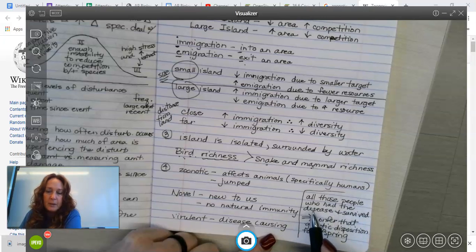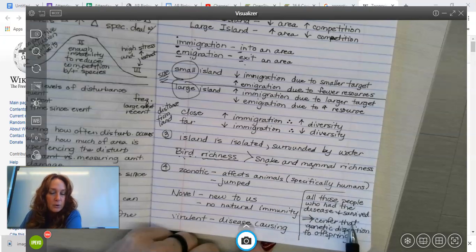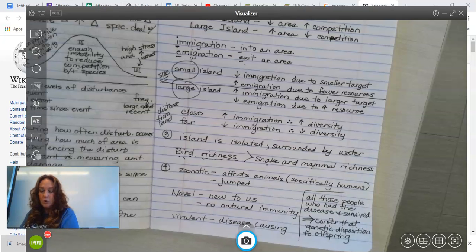It could just be that in general they didn't have other diseases like diabetes or heart disease, and they just tended to be genetically predisposed to being overall more healthy. So you want to be careful what you say and how you say it.